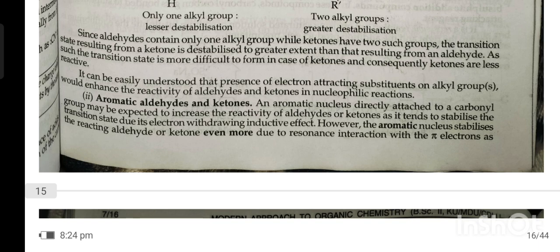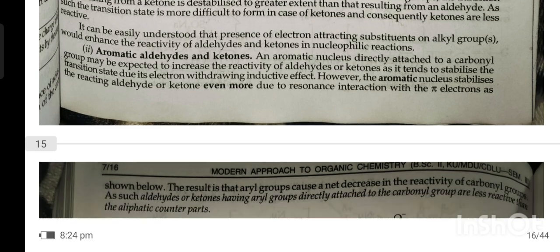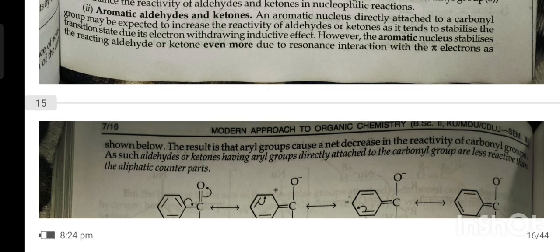However, the aromatic nucleus stabilizes the reactant aldehyde or ketone even more due to resonance interaction with the pi electrons, as shown below. The result is that the aryl group causes a net decrease in reactivity of the carbonyl group. As such, aldehydes and ketones having aryl groups have decreased carbonyl reactivity.